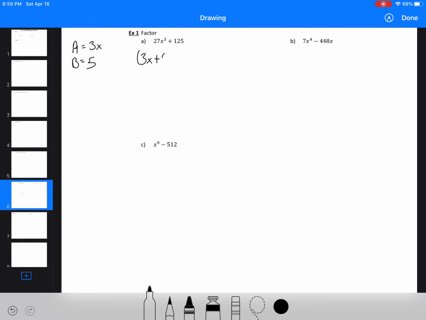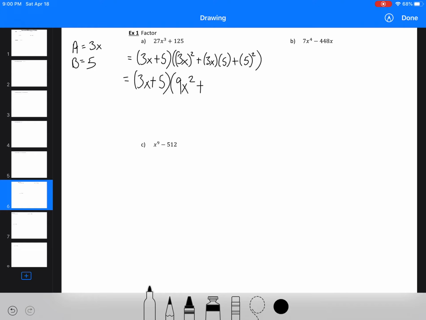Now I'm just going to follow that formula. This is a sum of cubes, so I'm going to follow this formula exactly. So I'm going to have 3x plus 5 times 3x squared plus 3x times 5 plus 5 squared.